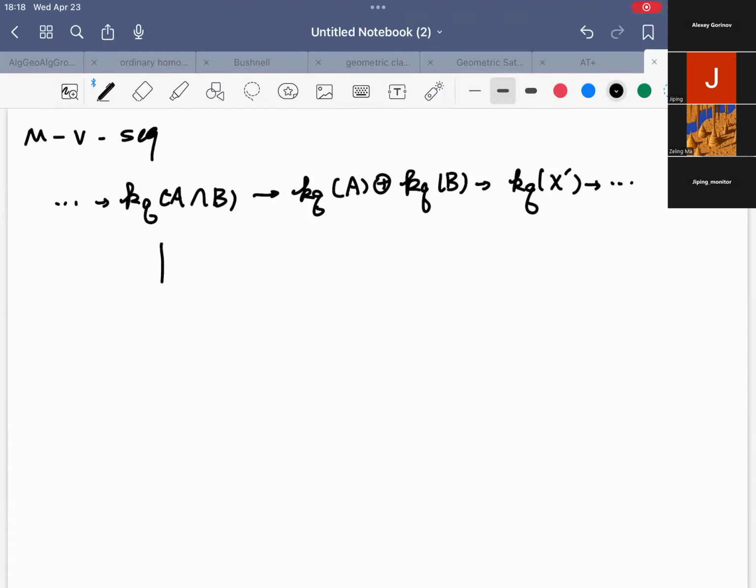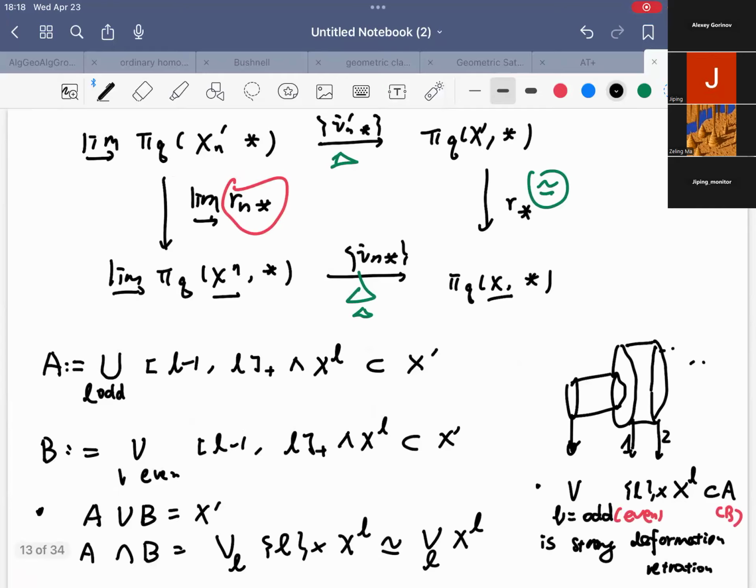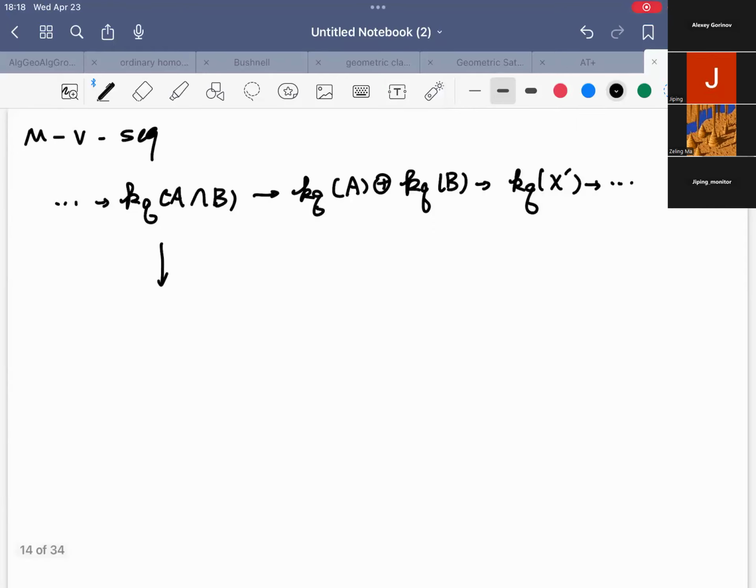And we can see this part, by the isomorphism I have mentioned, is the wedge product, and then you use the wedge axiom. We can get this is the sum of KQ X_N, and the same for the odd part and the even part.